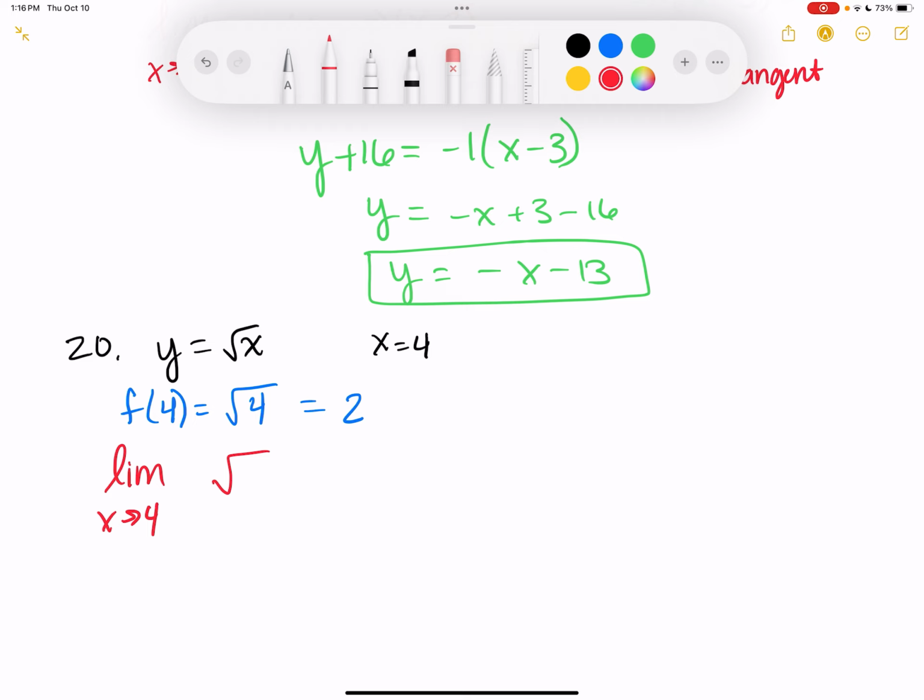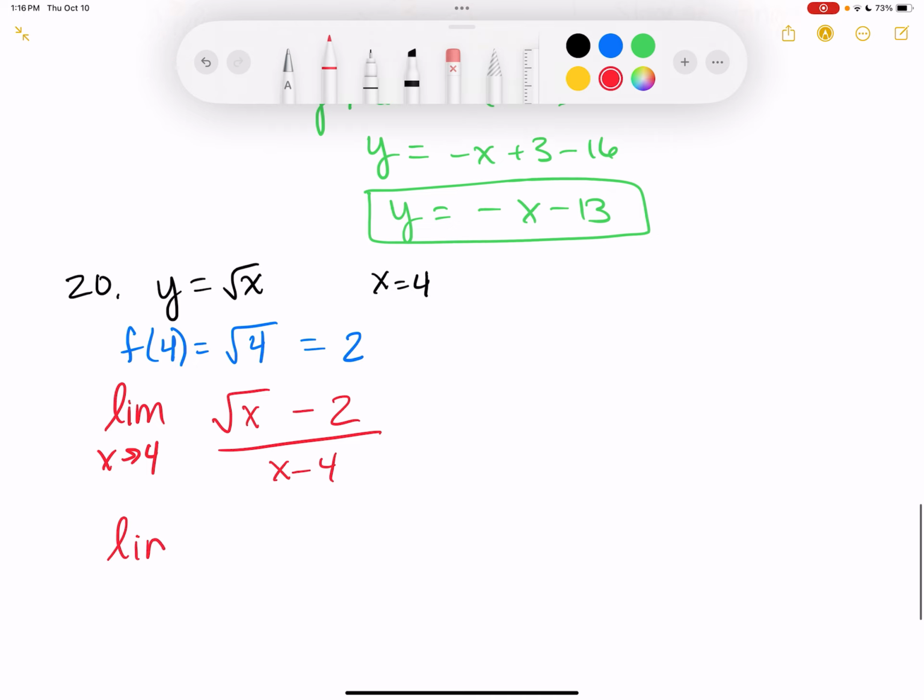All right. Zeros in there. f of x, so square root of x, minus f of a, so that's 2, all over x minus 4. Now I'm going to show you a really crazy trick that you've probably not seen before.